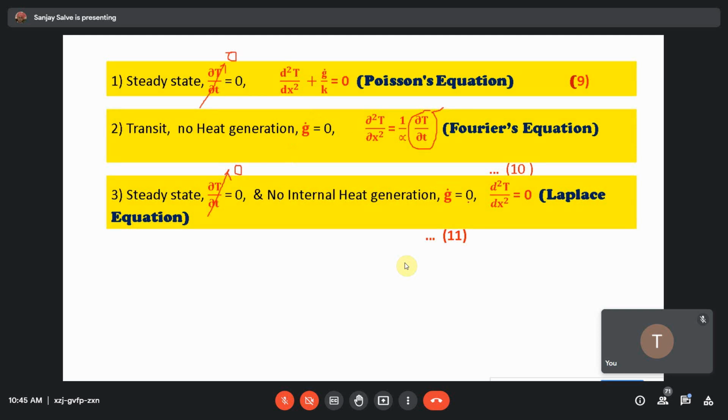And therefore only d square T by dx square remains, since del square T by del x square converts into exact derivative, and therefore d square T by dx square is equal to 0. That is the Laplace equation. Sometimes they use this term over here, del square T by del, like this, del x square.